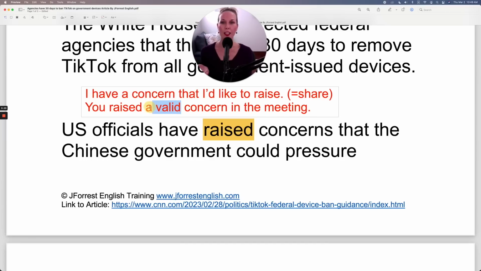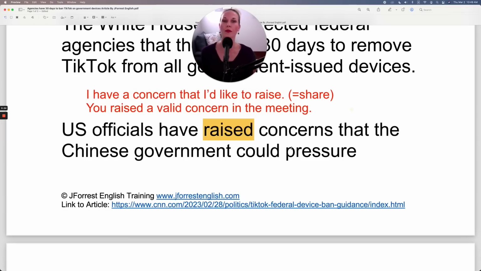A valid concern is simply a concern that we should consider further. It's a nice way of saying a good concern. A good concern, that sounds like very beginner English. A valid concern. It's a concern we should consider. It's a way of saying, I think your concern is a good concern.